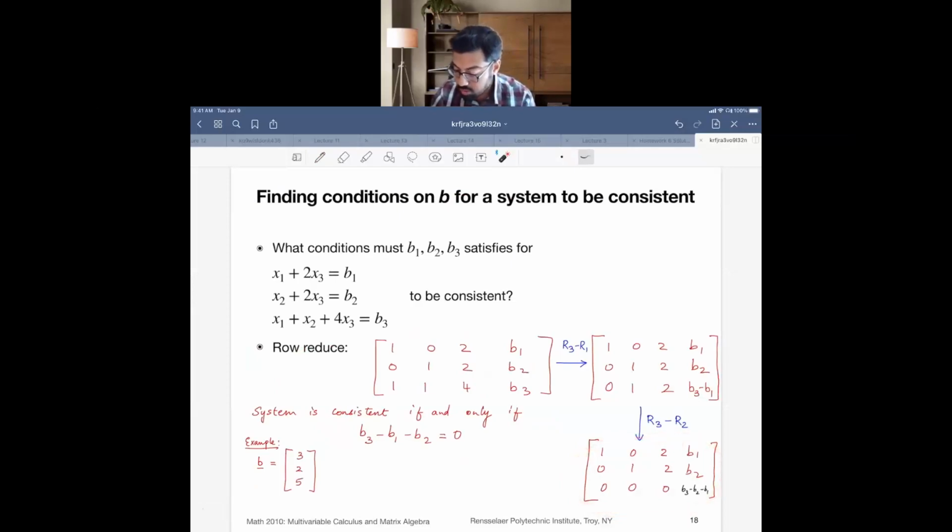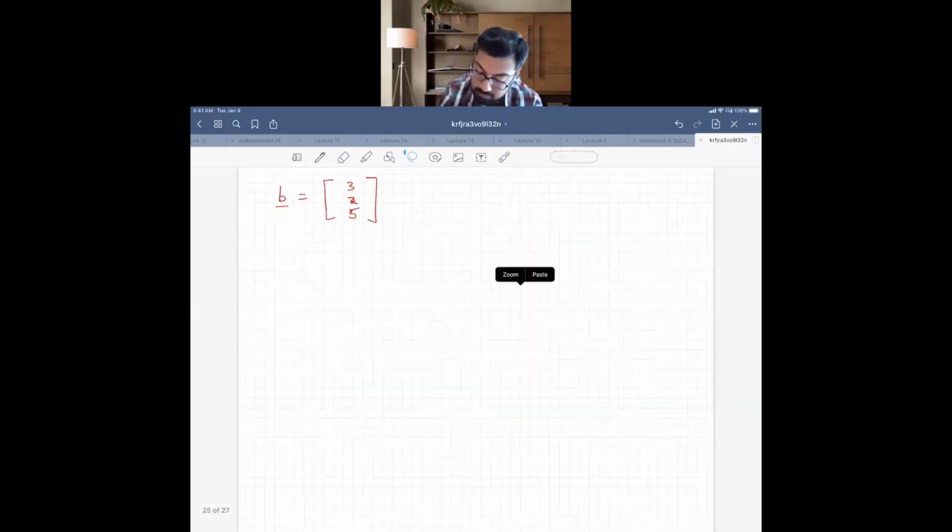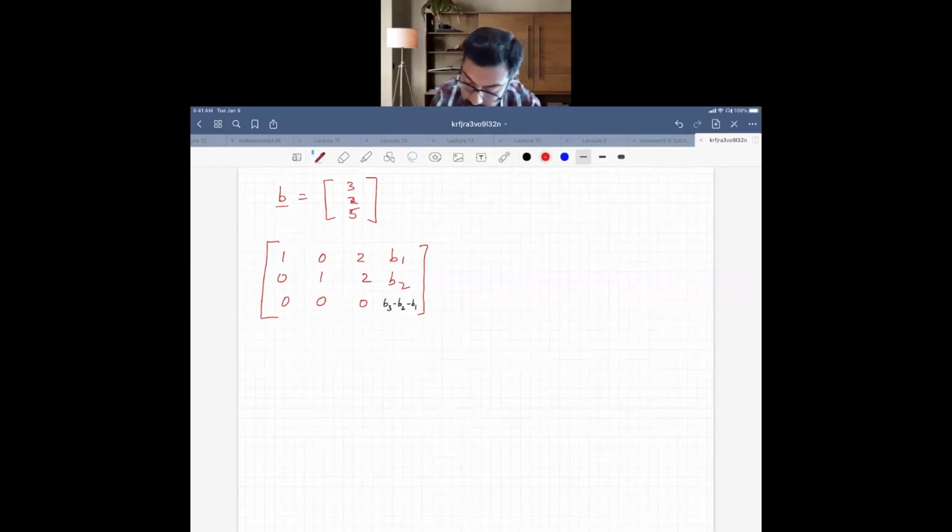Let me just copy this over here, and I'm going to substitute for B1, B2, B3, which is 3, 2, and 5. So my matrix is what? 1, 0, 2, 3; 0, 1, 2, 2; and then I have zeros, right?